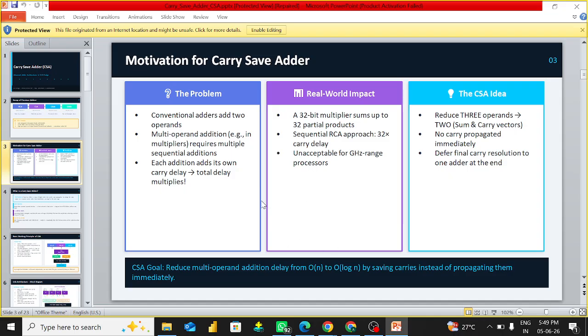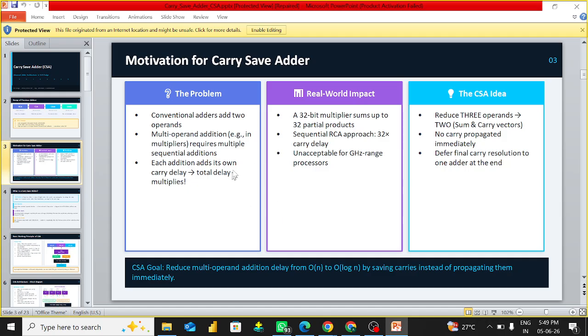So what I'm trying to explain is that CSA introduced a brilliant idea. Instead of propagating carry immediately, as the name suggests, what is the name of the adder we are learning? Carry save adder, right? It's going to save the carry.